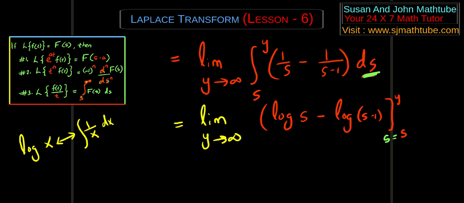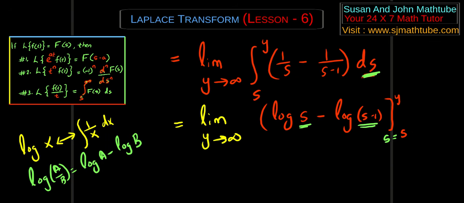Now one very important question: what is log a by b? I think you remember that property. Isn't it log a minus log b? Exactly, log a minus log b is log a by b. We will apply that.